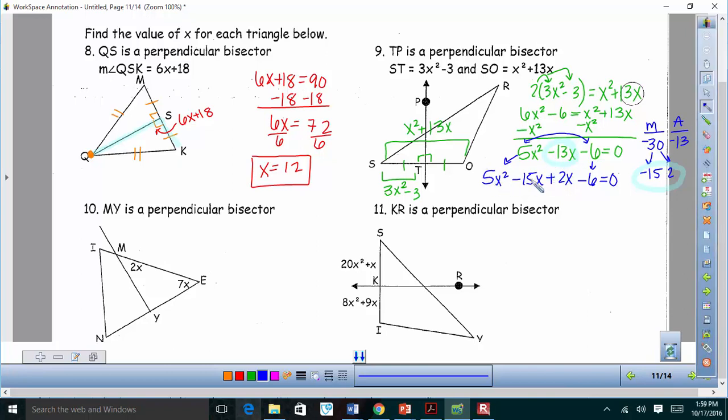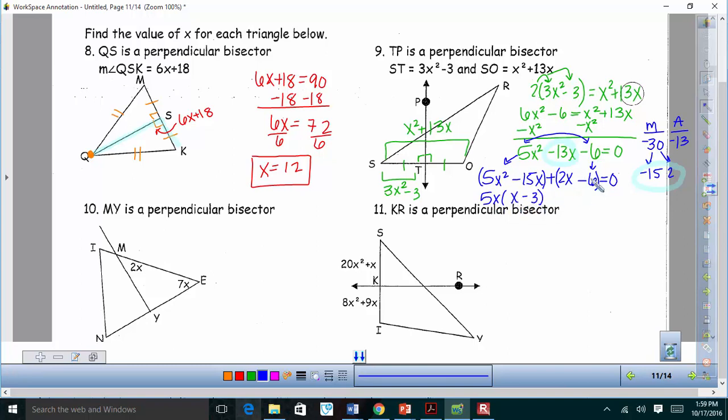From here, we have 1, 2, 3, 4 terms, and so to factor with 4 terms, we do what? We group. We're going to group our first 2, group our last 2. What is the GCF in this first parentheses? 5x, and that leaves me with x minus 3.